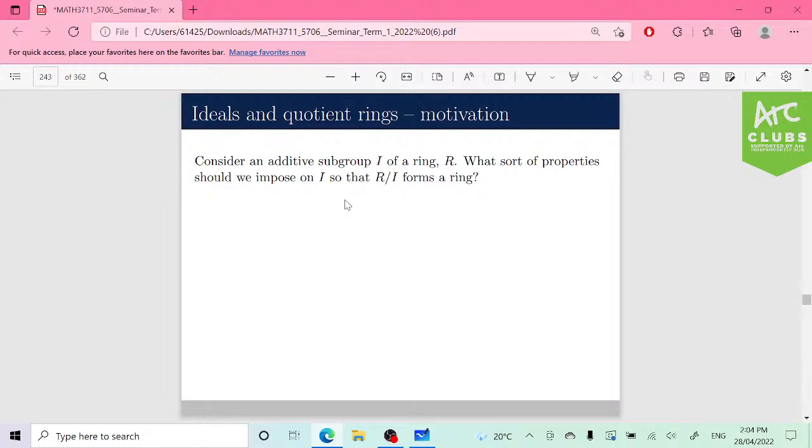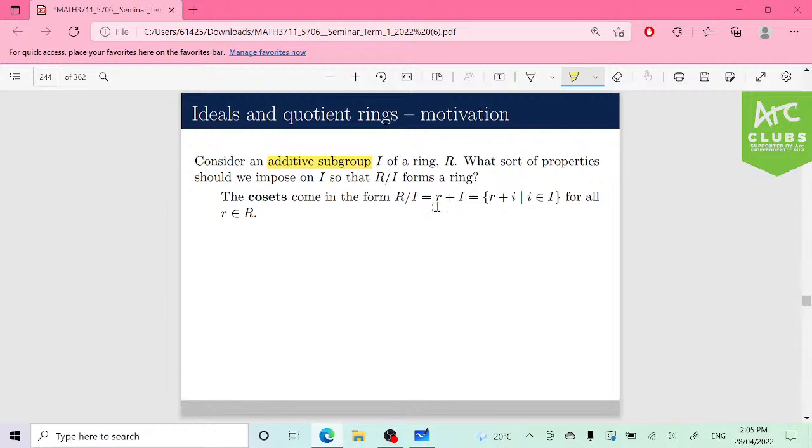Before we even talk about ideals, let's talk about the motivations behind why we define an ideal in this way. The first thing to notice is that when you're considering the quotient, remember that I is an additive subgroup. Remember way back when we touched on groups, the cosets that we define on the additive subgroups come in the form R plus I, where I is your subgroup.